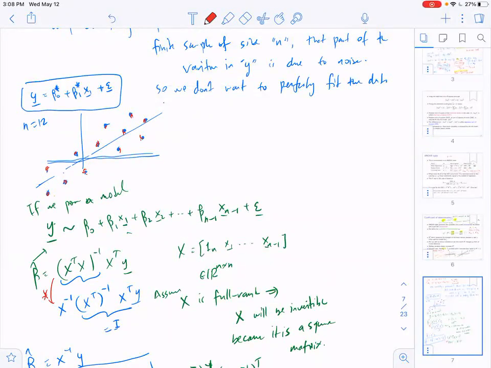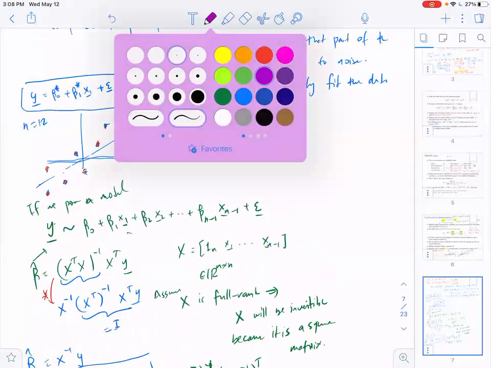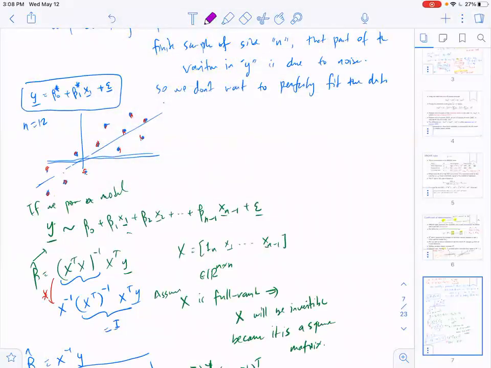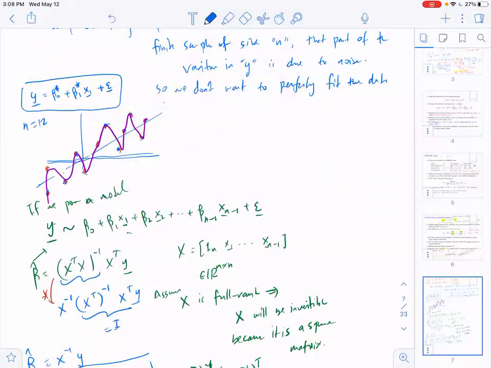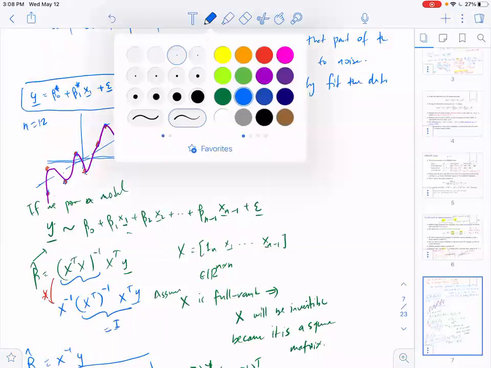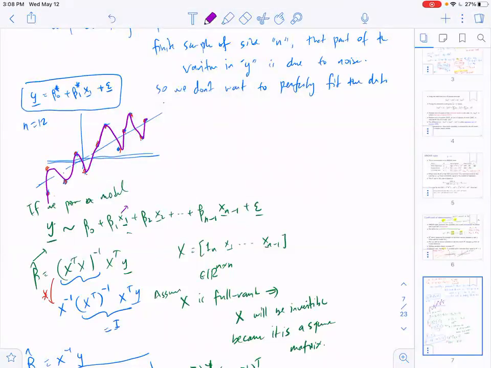In general, overfitting is the case where you have this situation and you end up roughly fitting every point exactly. How can I get these extra covariates? I can just construct them by powers. I can take x_i1 squared, and so on up to x_i1 to the n minus 1.